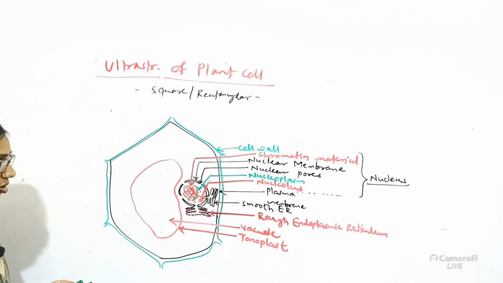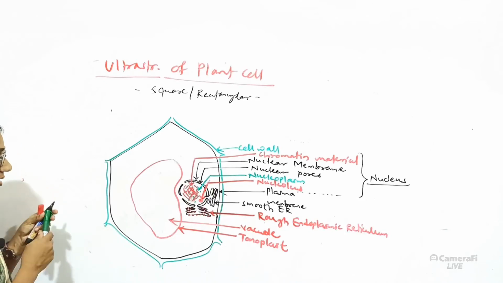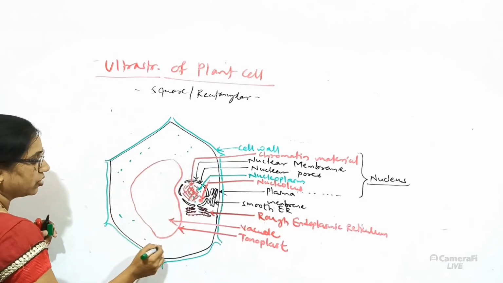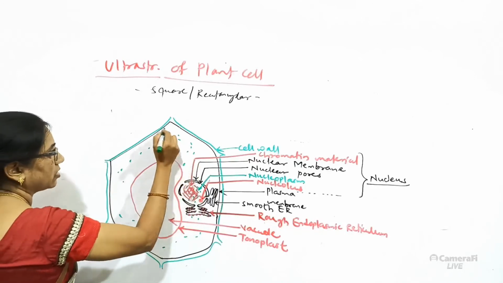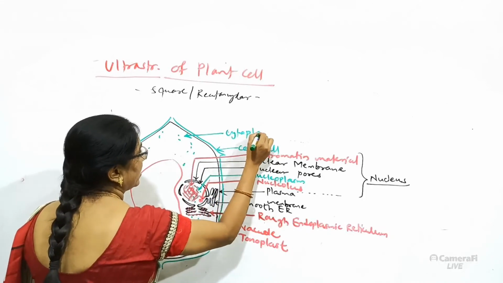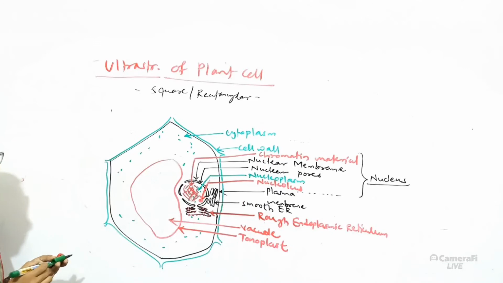The remaining part of the cell is filled with a jelly-like structure. And what is this entire structure called? It is called the cytoplasm. It is filled with the basic jelly-like structure called the cytoplasm.